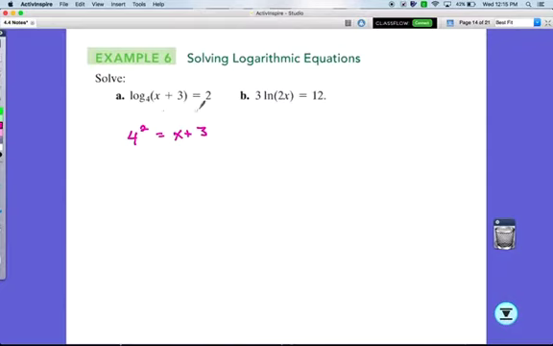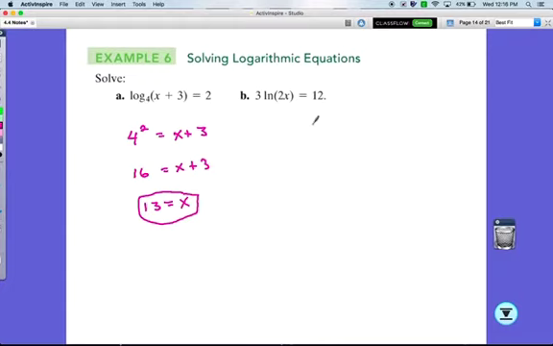Okay, the base to the power is equal to the argument. And so that gives me 16 is equal to x plus 3. Subtract the 3 and I get x is equal to 13. Alright, I double check, I plug it in. 13 plus 3 is 16. Since that argument's bigger than 0, I'm good.